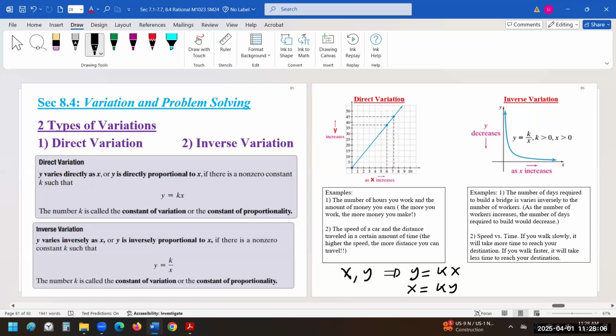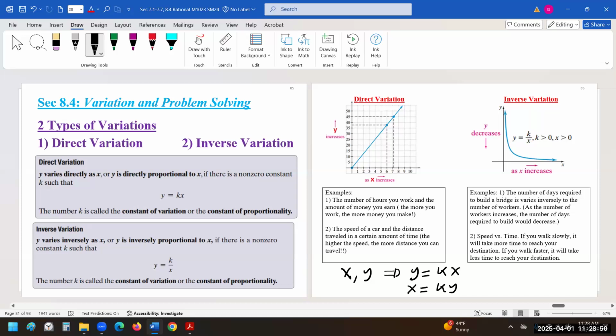Now, another example. The faster you drive, the less time it takes you to reach your destination. True, right? So your speed versus time, do they have direct relation or inverse relation? Inverse. You're going faster, means your speed is increasing, but your time is decreasing. So they have an inverse relation. To represent inverse relation, we use a reciprocal.